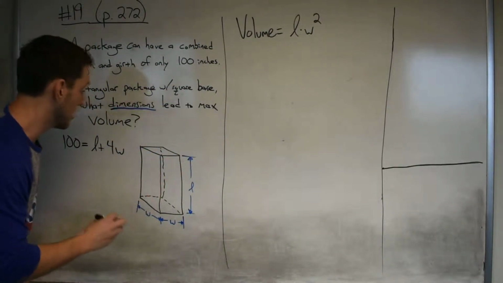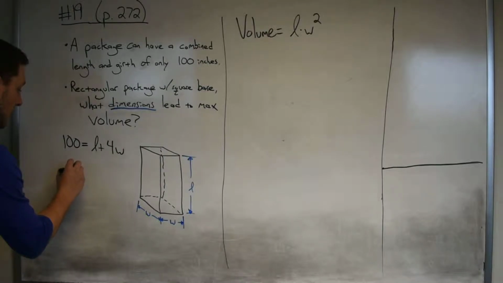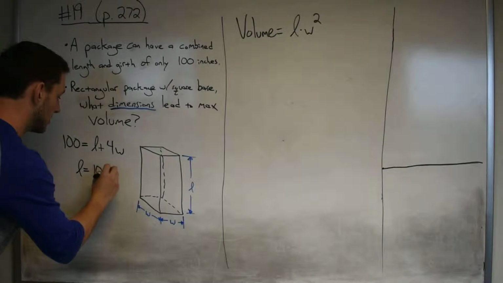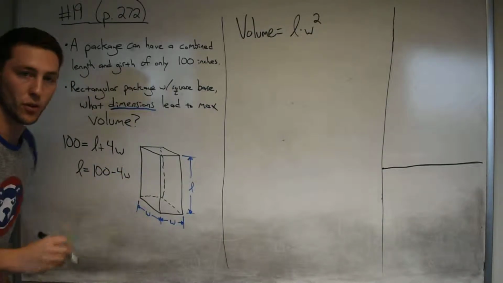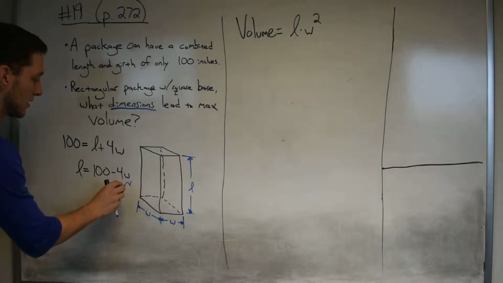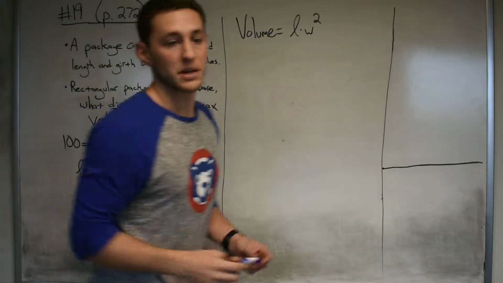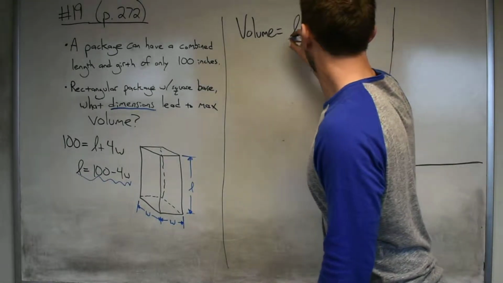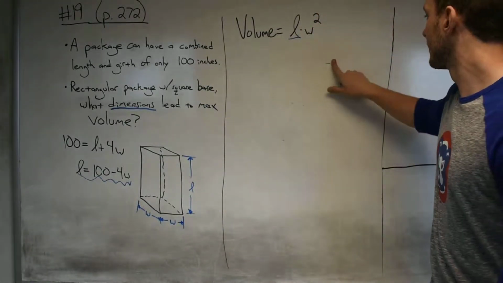That being said, when we solve, we can see that L better equal 100 minus 4W. And this is a good bit of information to have our hands on, because we can now take that and come right up there with it.